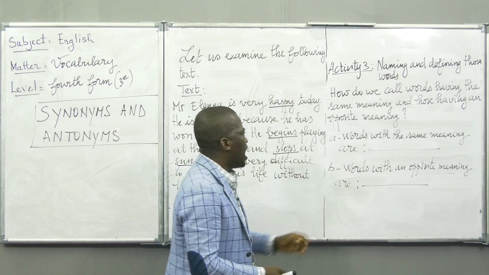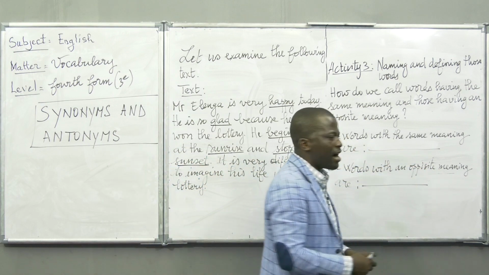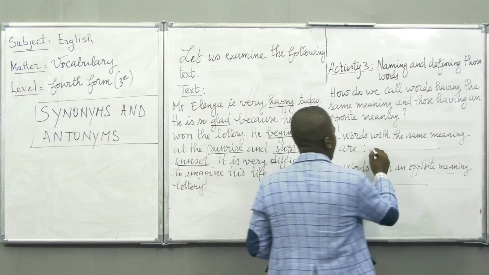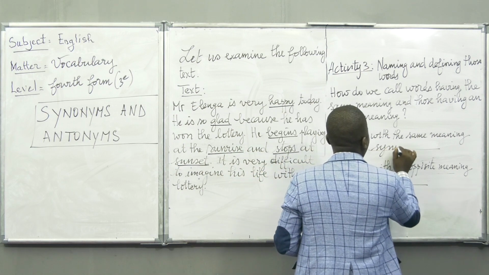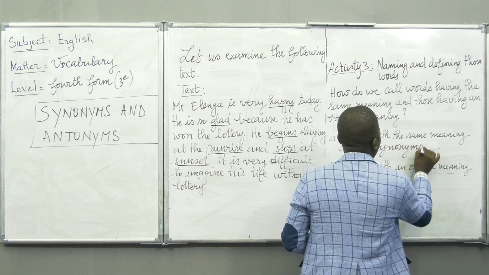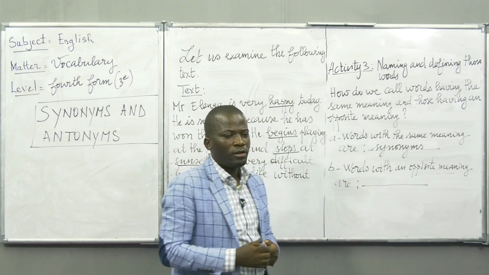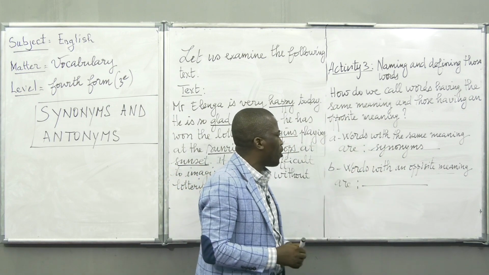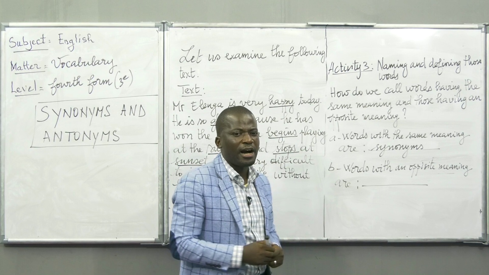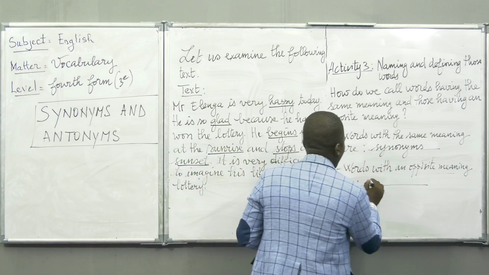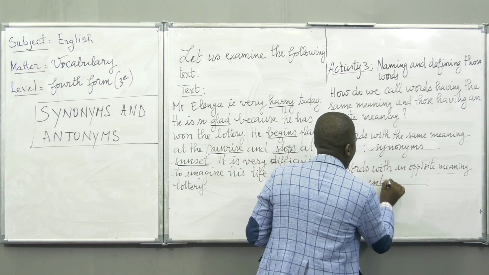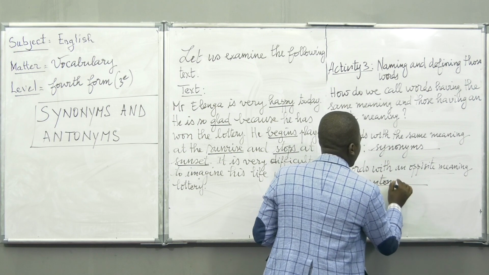Okay, class. Now, words with the same meaning are synonyms. Good. And words with an opposite meaning are antonyms. Good. You're very intelligent.